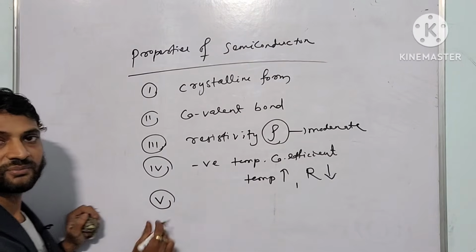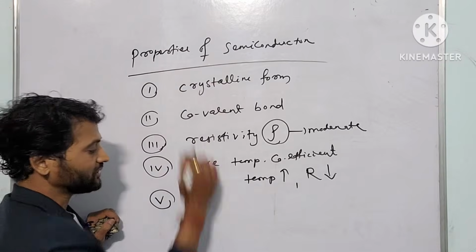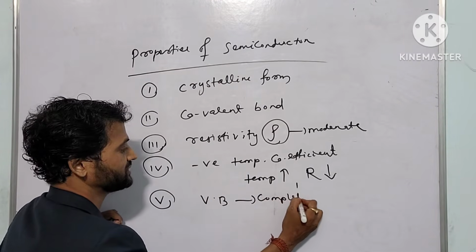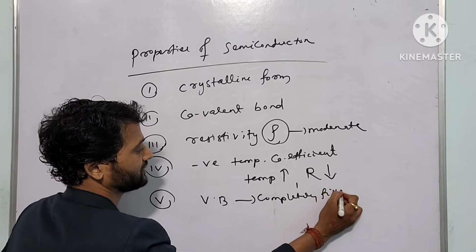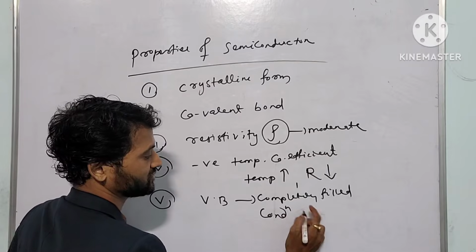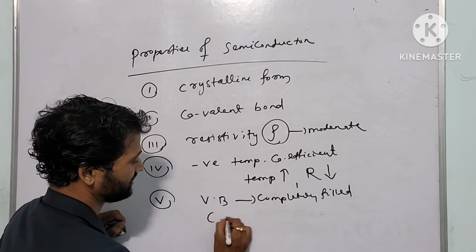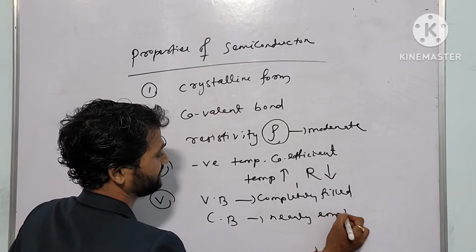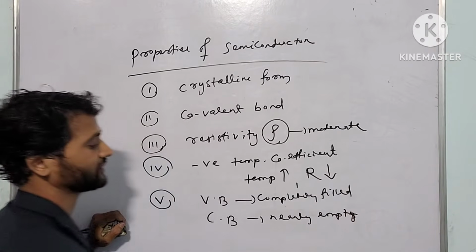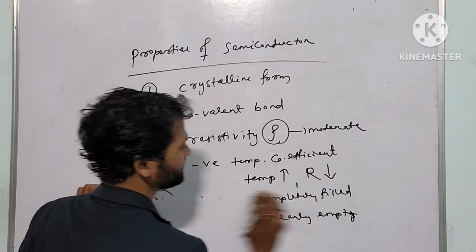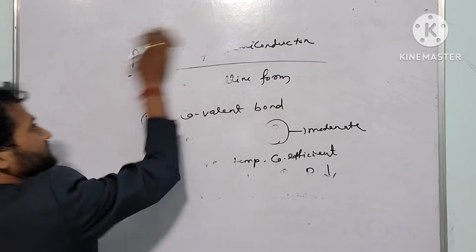And fifth point is important, ये सेमीकंडक्टर में क्या होता है, the valence band is completely filled, बट कंडक्शन बैंड नियरली एम्प्टी होता है, राइट? ओके, these are the basic properties of semiconductor.